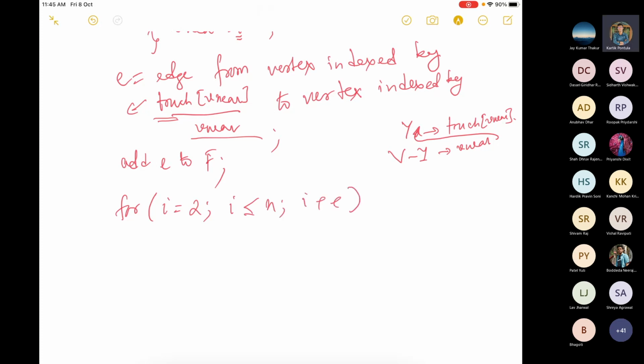Now here there is a slight modification. You are now computing shortest paths and keeping track of shortest paths. So how is the length updated?